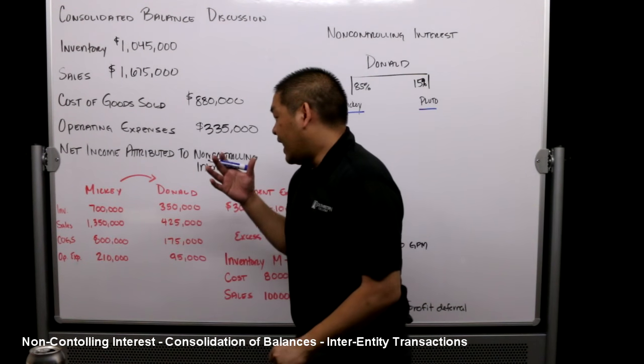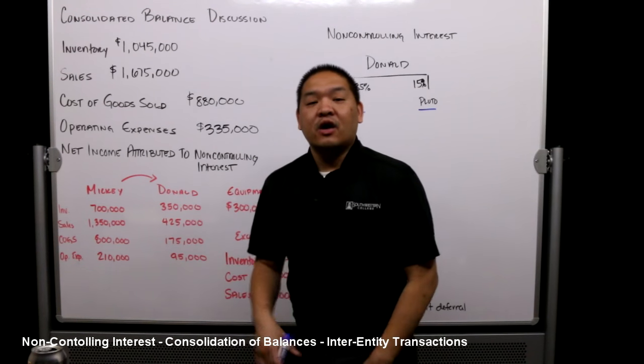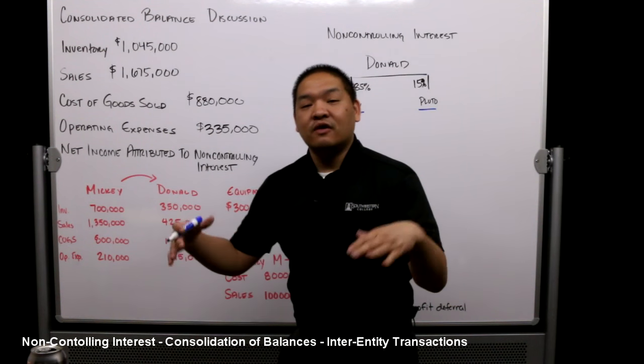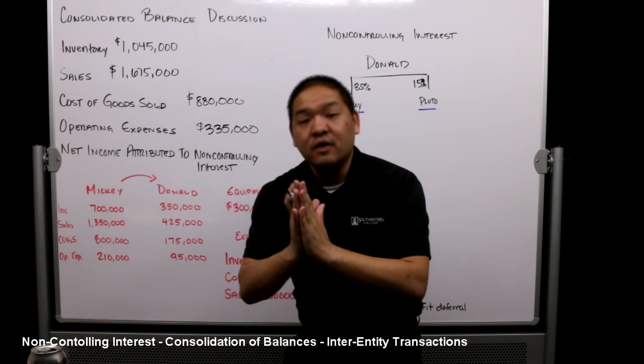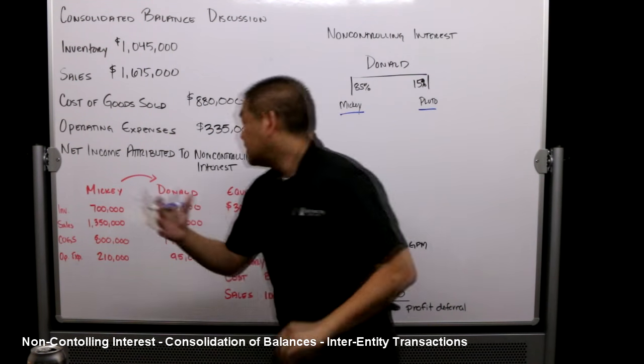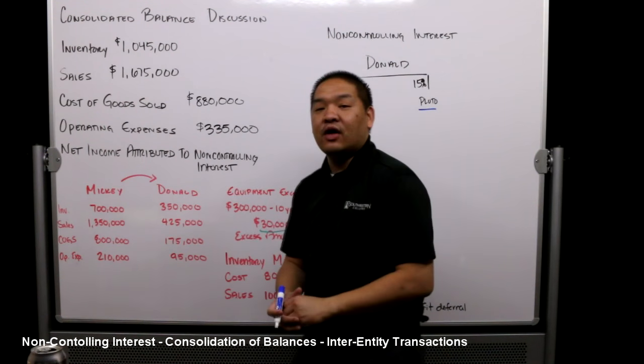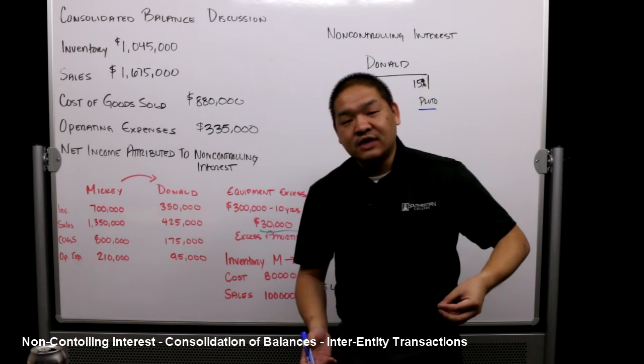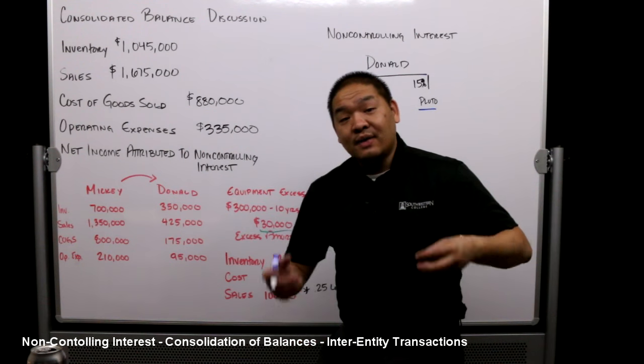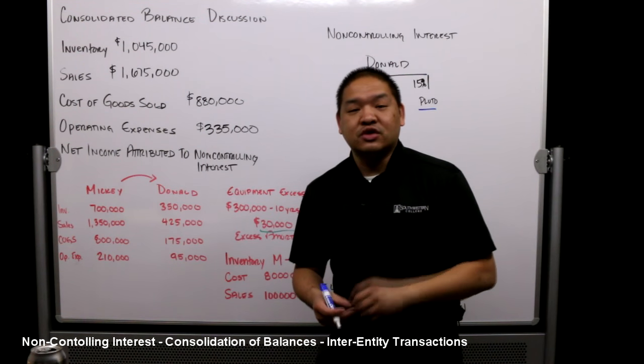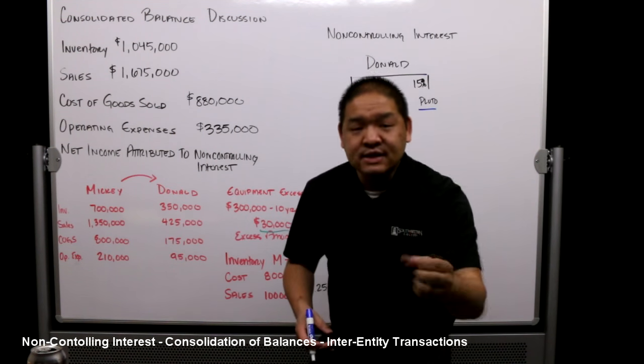Now, in the equity method of accounting, we have to consolidate them fully, as if Mickey owned 100% of Donald, and then we subtract on the financial statement this amount called non-controlling interest. So that's what non-controlling interest does. Okay.